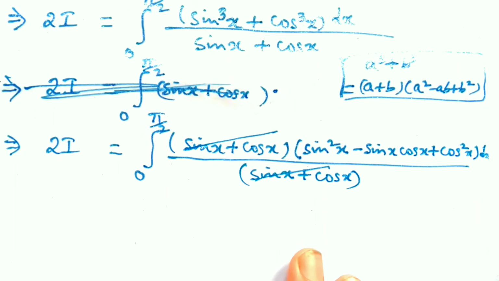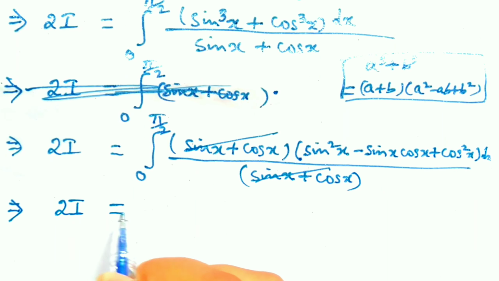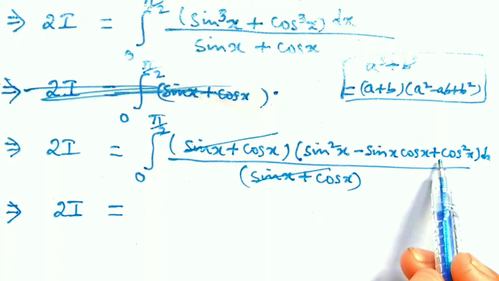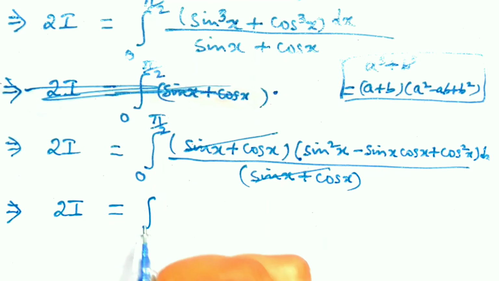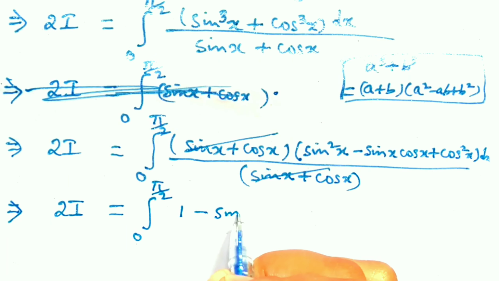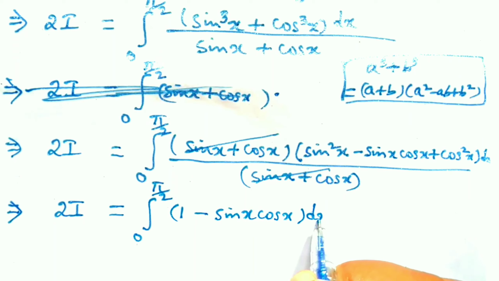These two get cancelled. We get 2I to be, now look here, sin square x plus cos square x is equal to 1, so 1 minus sin x cos x dx.